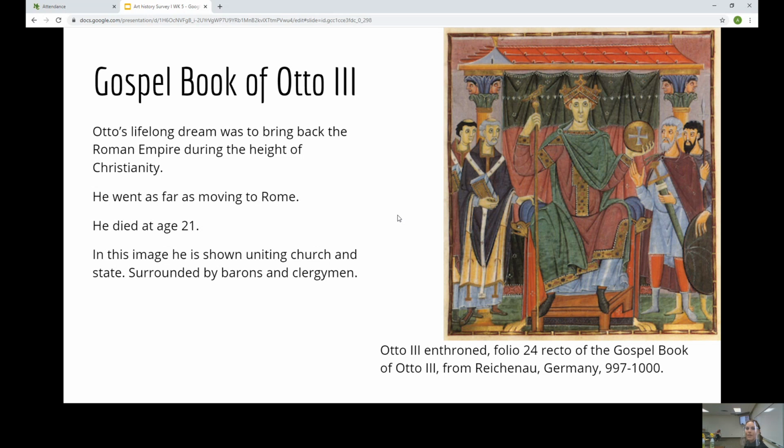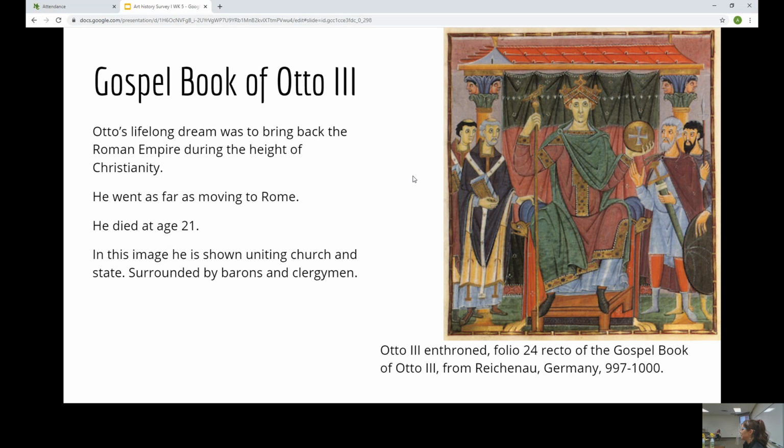Some more Otto III, the Gospel Book of Otto III. He too had illuminations made of him, celebrating him being a Christian ruler. Once again, we have the orb and staff and crown. He is definitely being shown as king here. He was so obsessed with really being like Charlemagne.